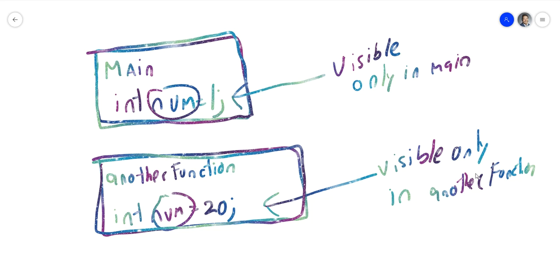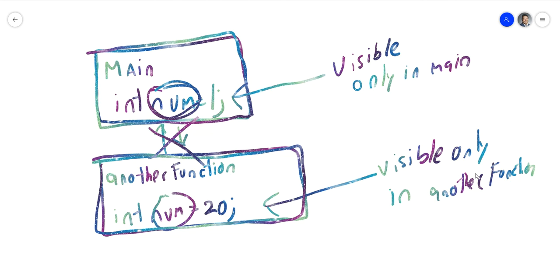And when we start execution of another function, once it ends, the num of another function is kaput, it dies. It pops off the stack. And when we give control back to the main, then again, because this num is only visible to main, we can manipulate that. But there will never be any cross contamination of variables if we declare them local.